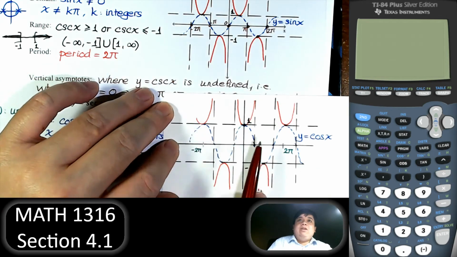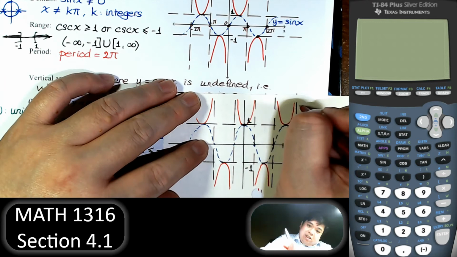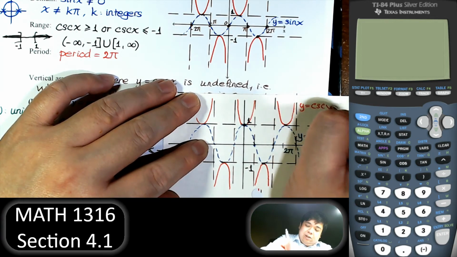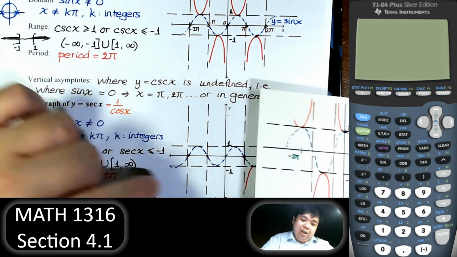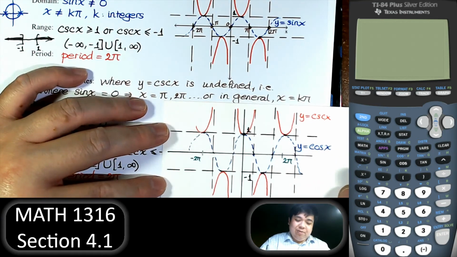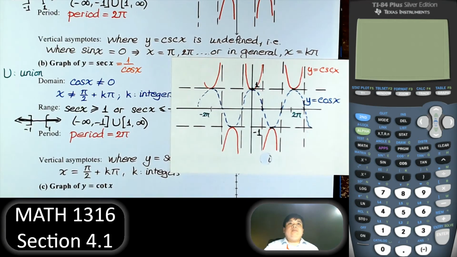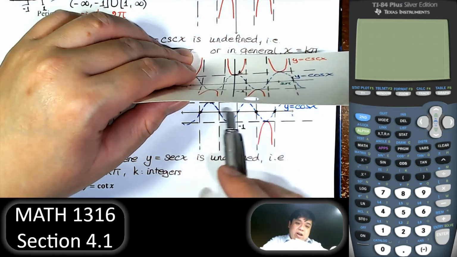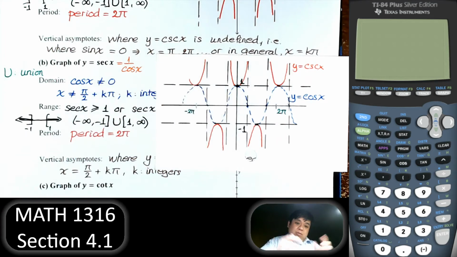So those are the graph of cosecant x. Once again, in the note when I post online, I will change this to cosine of x, so you don't have to have the same problem.